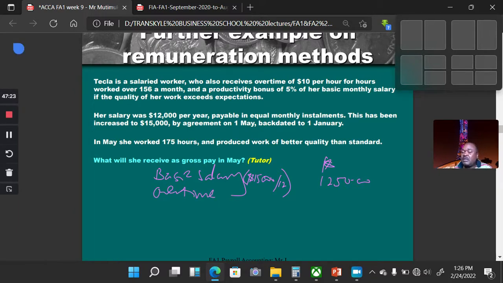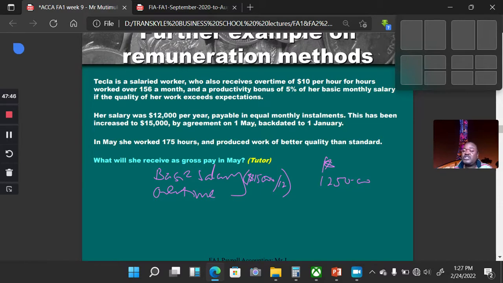We'll discuss why we have to separate overtime from basic pay and so forth. We'll talk about that. Okay, what about the overtime? We are told that Tekla is a salaried worker who also receives overtime of $10 per hour for hours worked over 156.